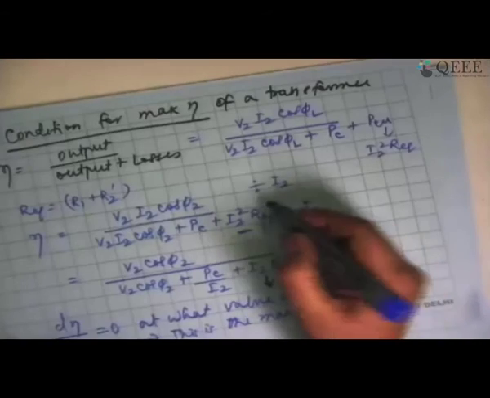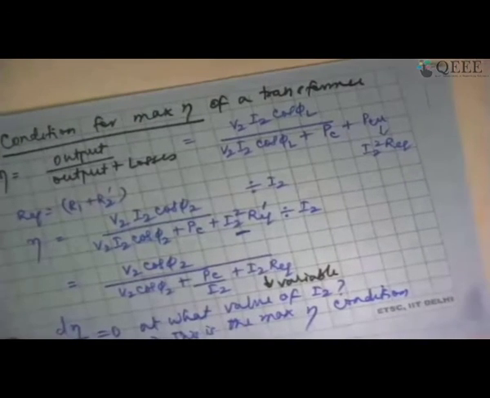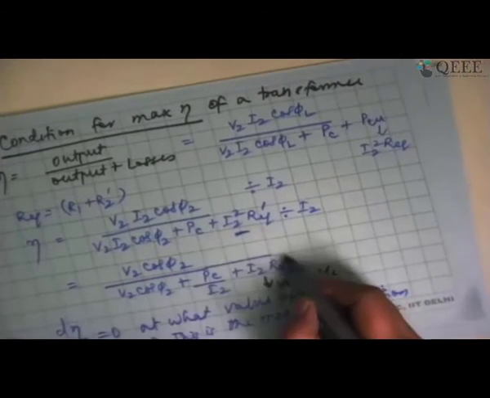In the previous sheet you wrote I2 square, but you took R equivalent with respect to primary. No, what you say is right. I agree. I could have written this as R equivalent dash rather than R equivalent. Either way, it doesn't matter.